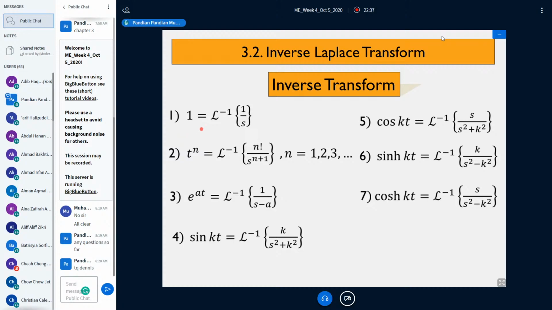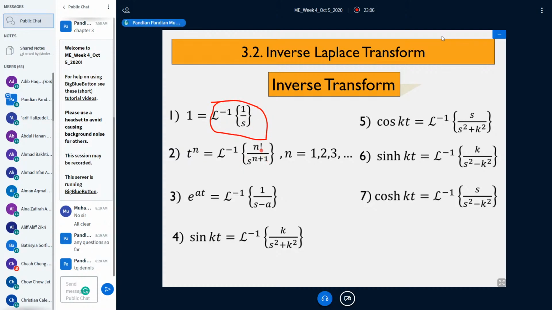From Laplace. Laplace of 1 is 1 over s, so inverse Laplace of 1 over s is 1. You refer to 3.1, slide number 18, the transform of some basic functions. We use the same table, same formula, but we use the inverse Laplace symbol.